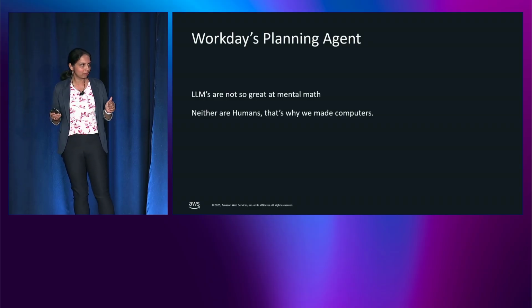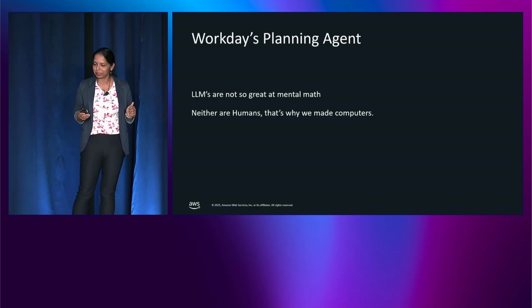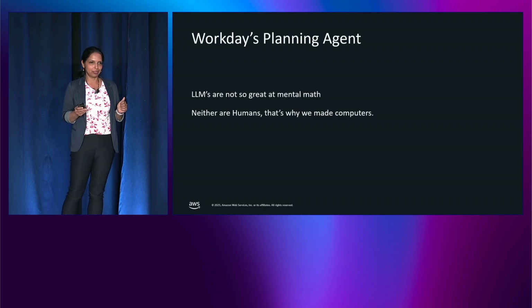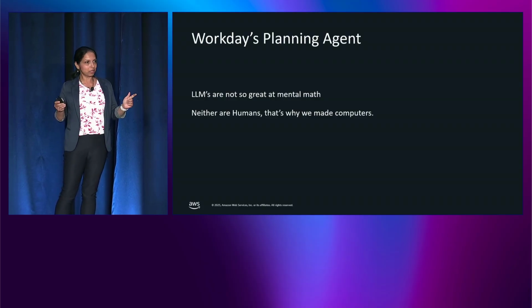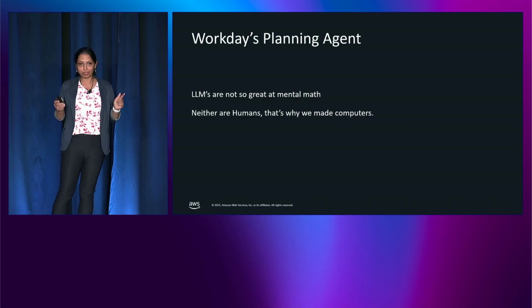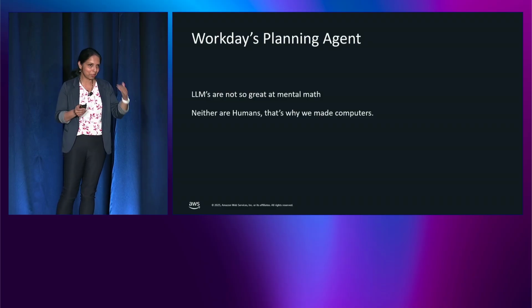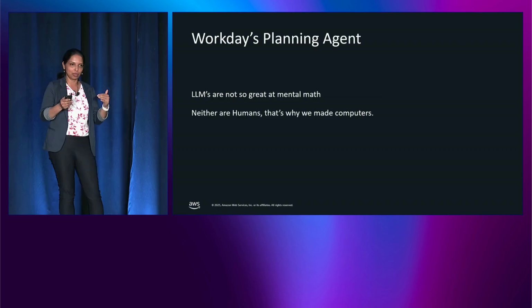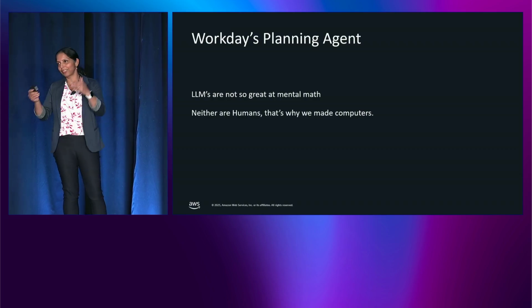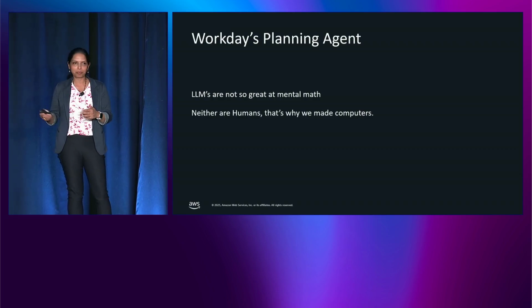Okay, let's see what else we can do. And the team came up with another solution. So this was iteration 2. Token limits, we know how to solve it. We will chunk the data and send it to the LLM. And that's exactly what we did. So it was a multi-step process. We would chunk the data, send it to the LLM, get the output, and send that output and the next chunk of data to the LLM.